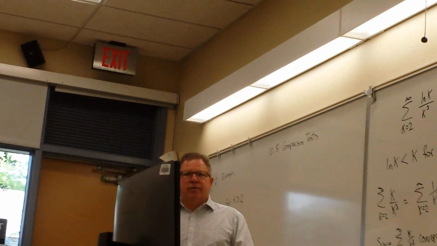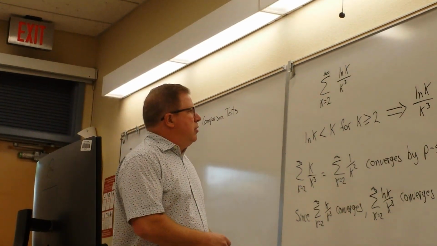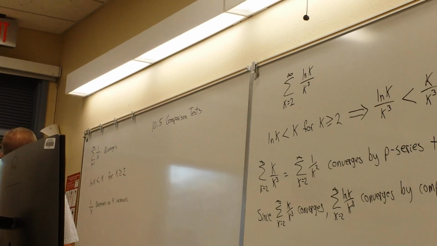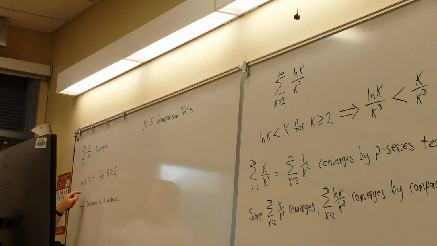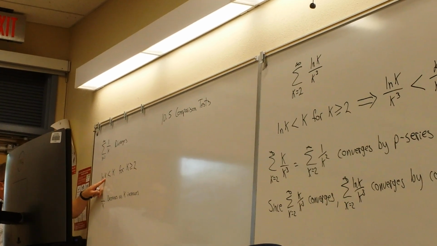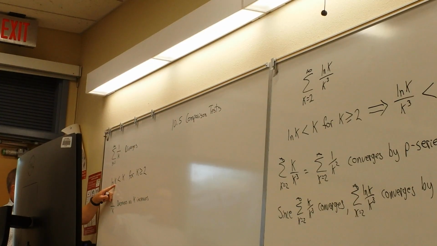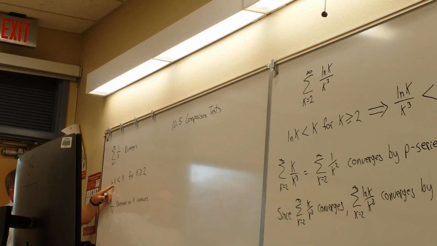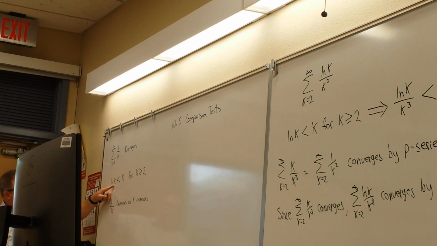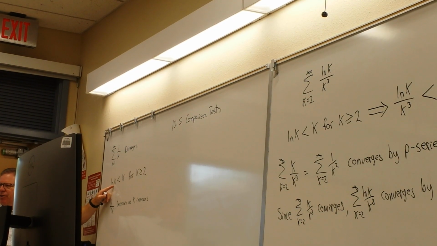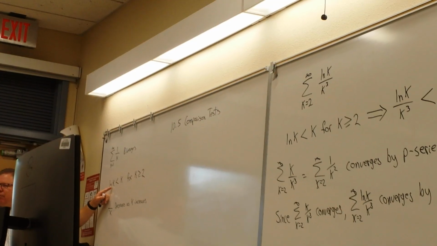What happens if k was less than 2? Like if k is 1? So the problem we have if k is less than 2 is right here. If k was 1, natural log of 1 is 0. If k is 1/2, well, k has to be a whole number, but if k was 1/2, you'd have to raise e to a negative power to get 1/2, right?